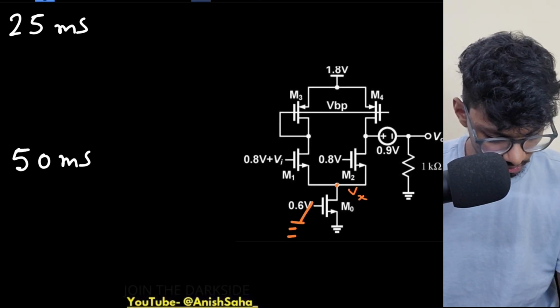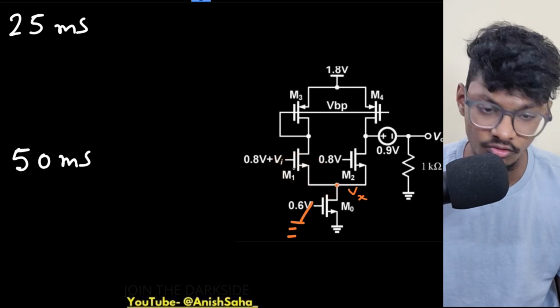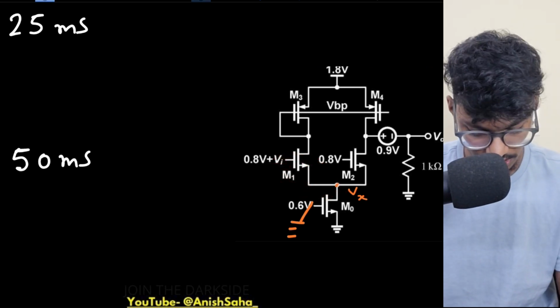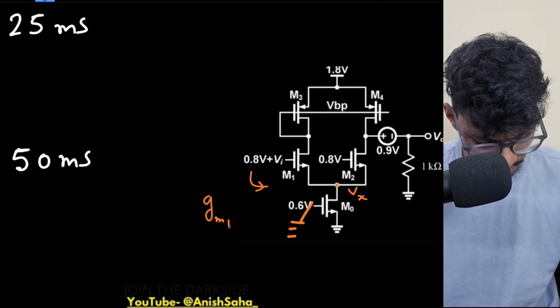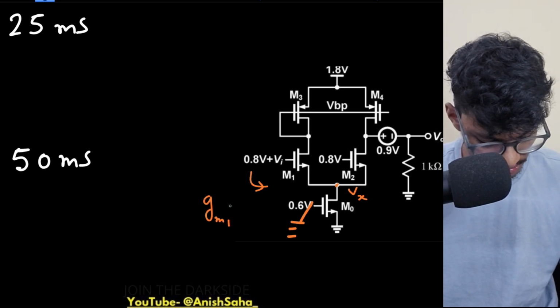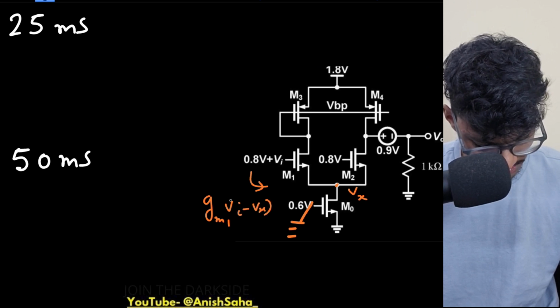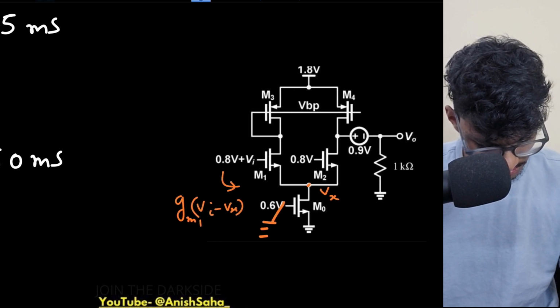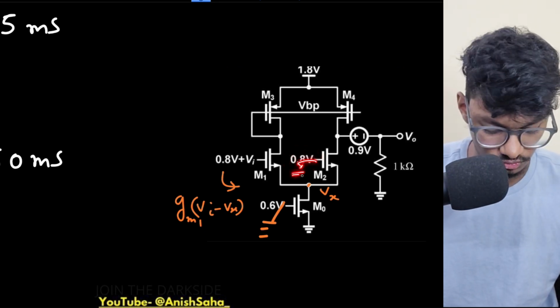So what will be the current that will flow through here? What is the VGS of M1? VGS of M1 is Vi minus Vx. So the current that will flow through here is gm1 into Vi minus Vx. And this is DC, so it will go to 0.